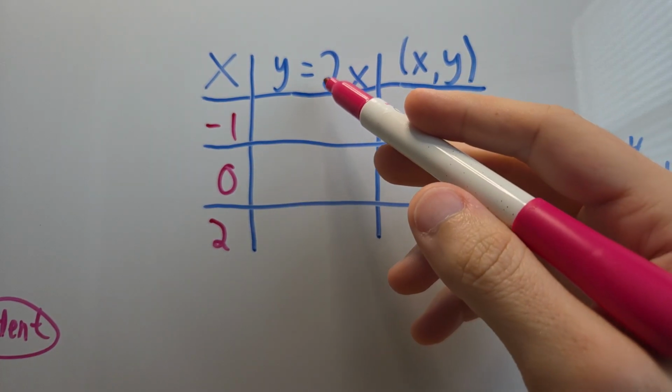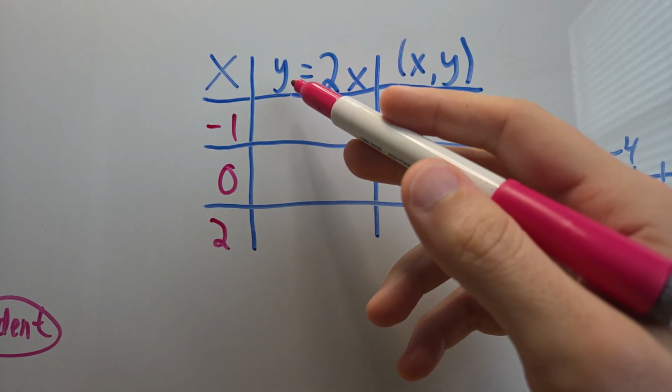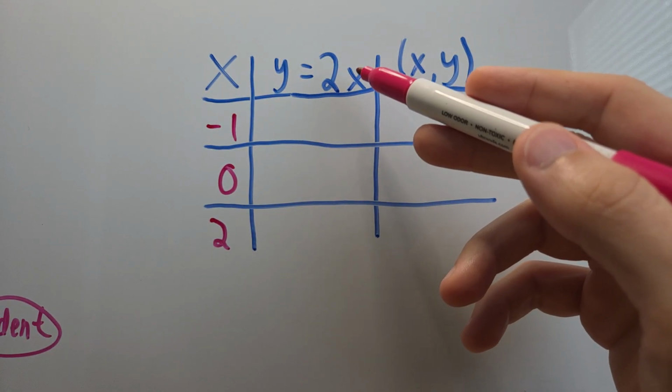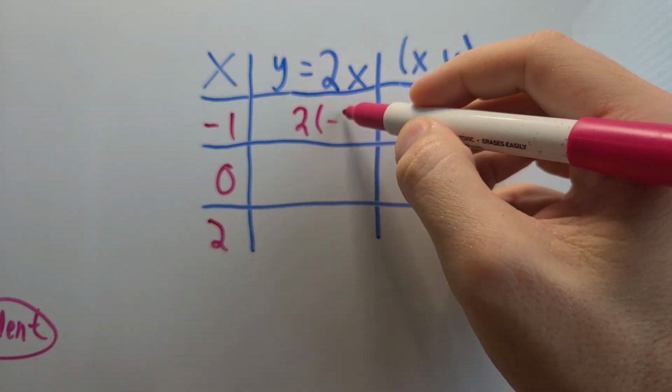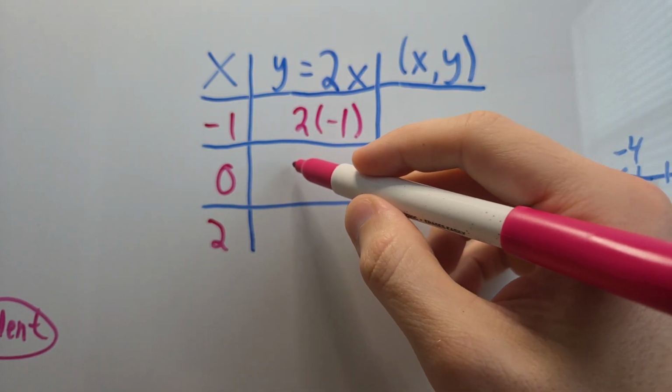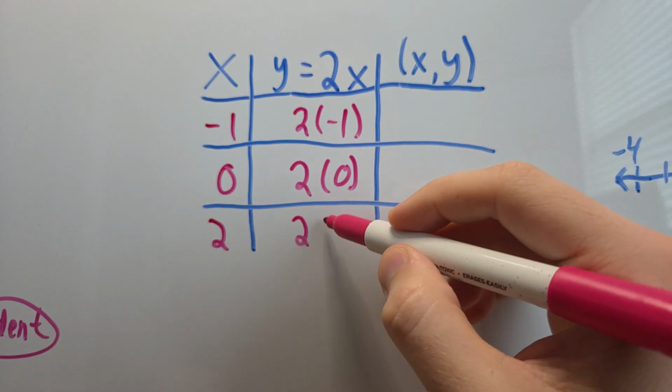Here this rule says y is going to be equal to 2 times whatever x is. Because remember, y depends on whatever x is. So here we're going to have 2 times negative 1. Here we're going to have 2 times 0. And then here we're going to have 2 times 2.